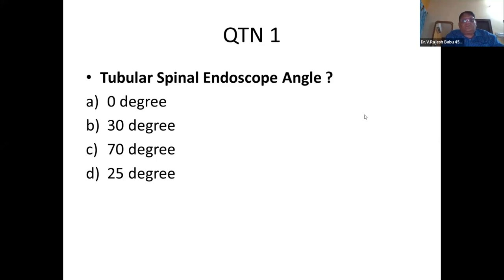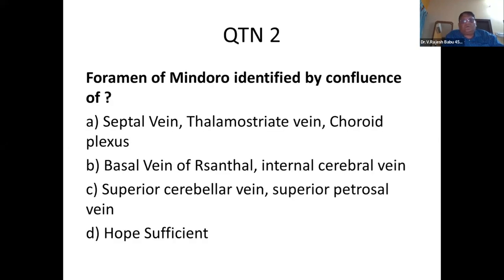Now you can put the second question. Foramen of Monroe identified by confluence of A, B, C, D. Which is the option you have to tell?